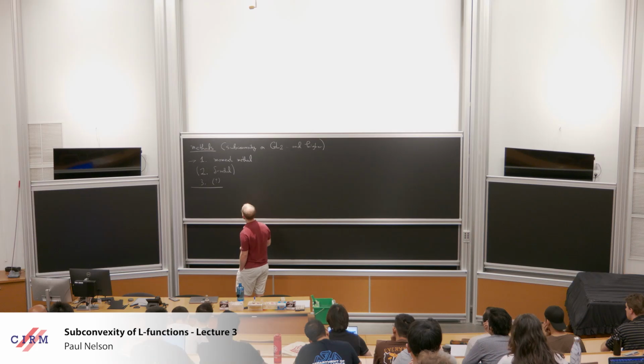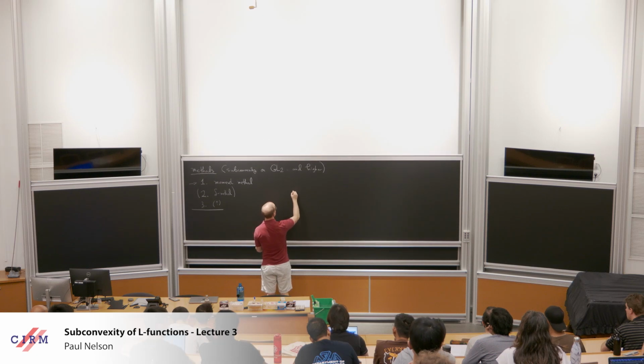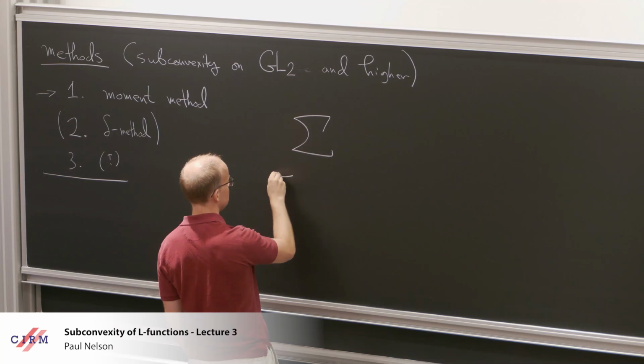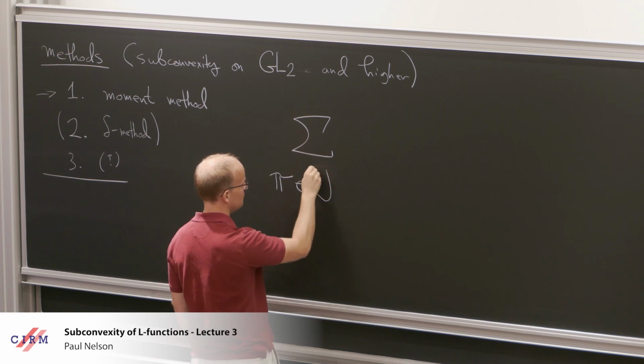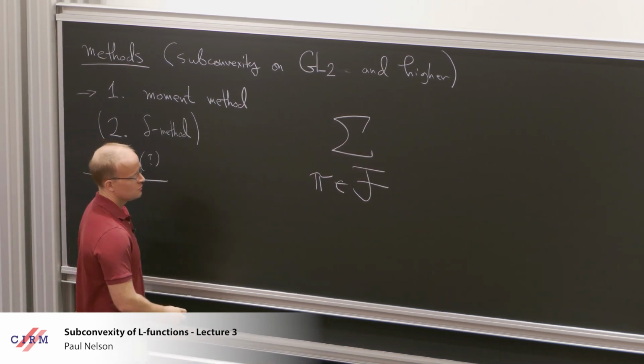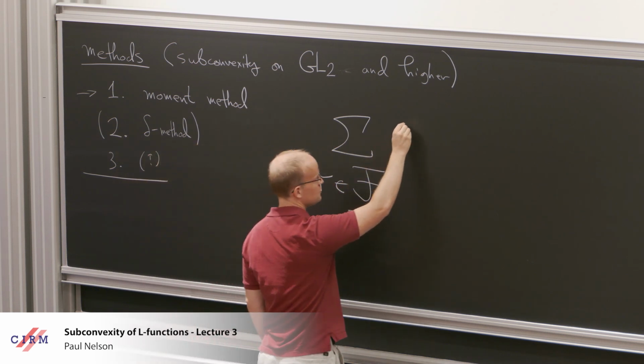So the name of the game is to estimate a moment, which I'll put big here. So we'll typically have some family that we call F. So F will be some family of things we can attach L functions to.